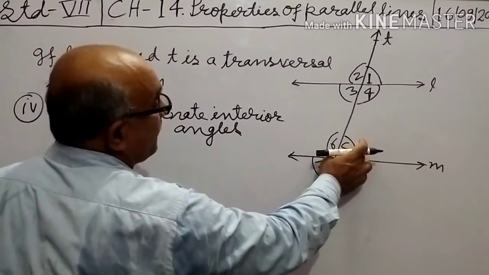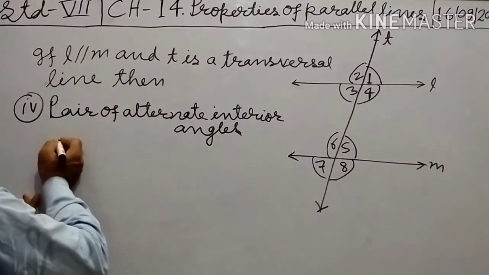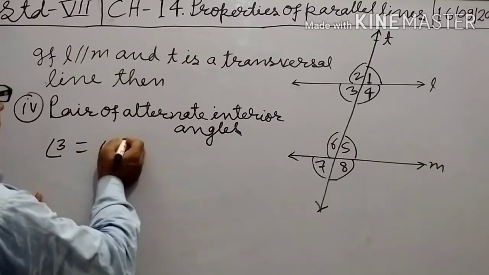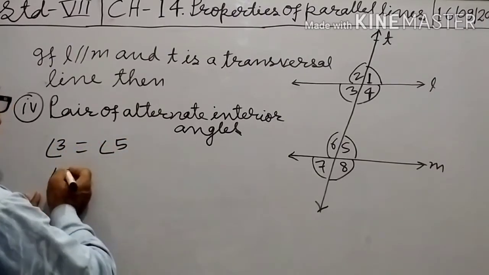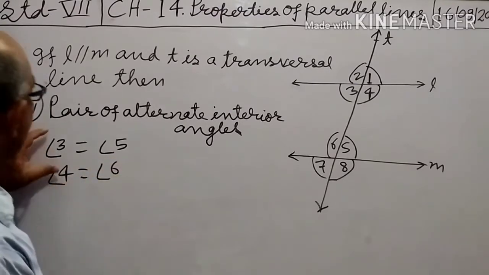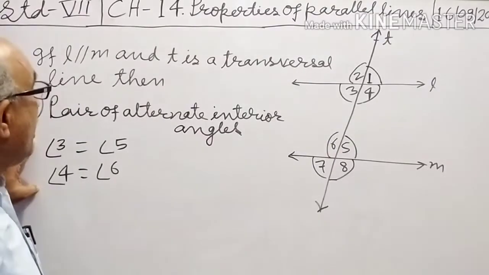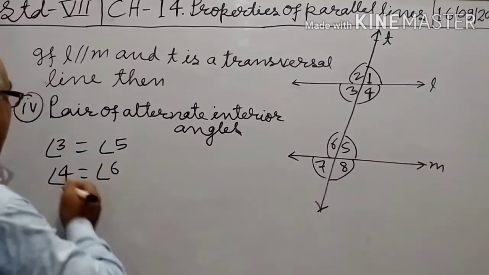Angle 3 equal to angle 5, angle 4 equal to angle 6. These are the pairs of alternate interior angles. The pairs of alternate interior angles are equal.